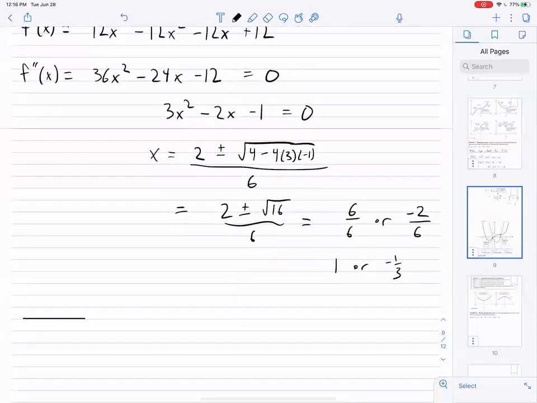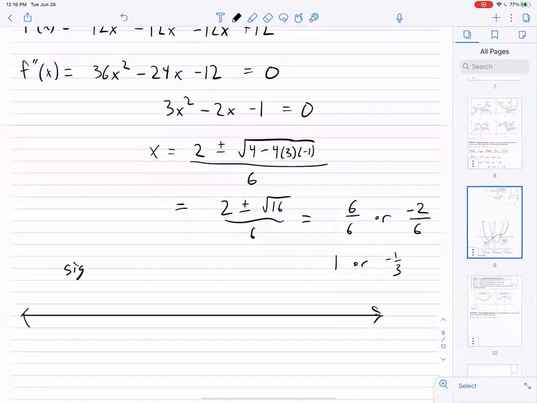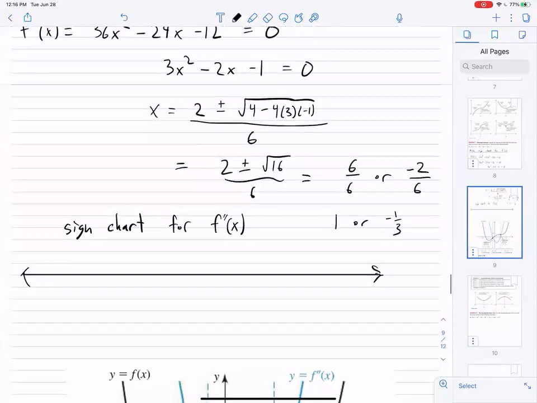Now we make the sign chart for f double prime of x. Let's put those critical values on there: one at negative 1/3, and one at 1. The second derivative is 0 at those two places.